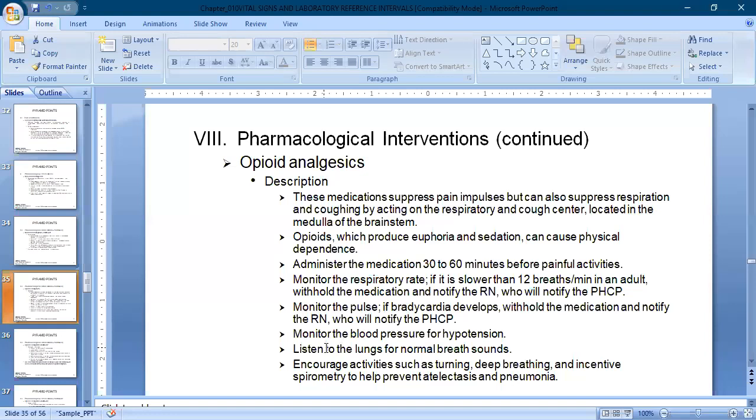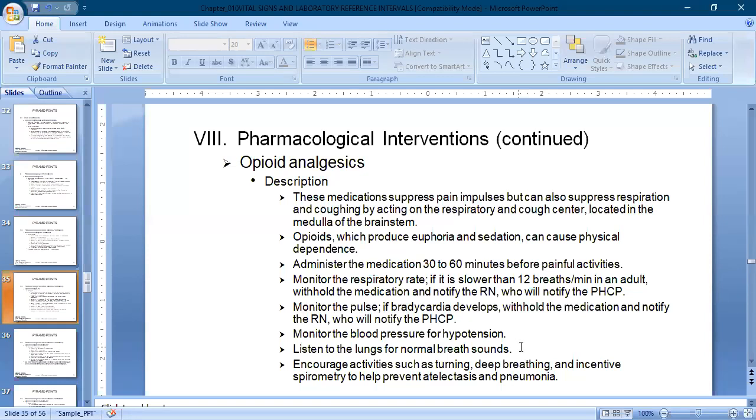Also listen to the lungs for any added breath sounds, encouraging activities such as deep breathing. Also, we have to tell them to use an incentive spirometer to help prevent atelectasis or pneumonia.